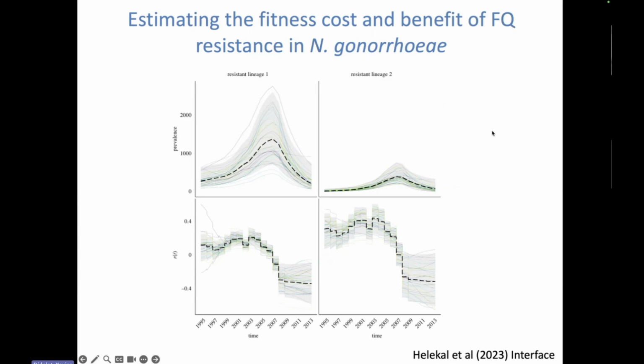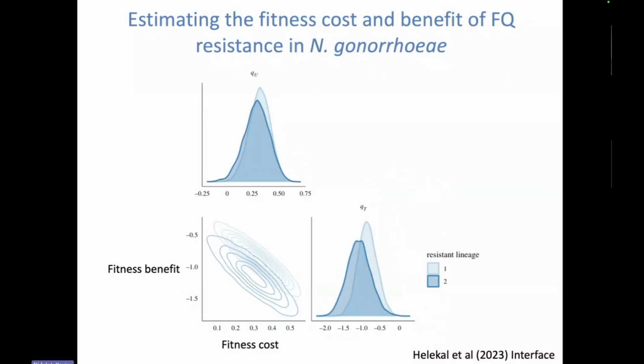In fact, we fit a compartmental model, very similar to the one I was showing before for cefixime. We fit a similar compartment model that has within it the cost and benefit of resistance to fluoroquinolones. And so we can estimate exactly those parameters, the benefits of resistance and the cost of resistance, which were estimated here for the two lineages 1 and 2.